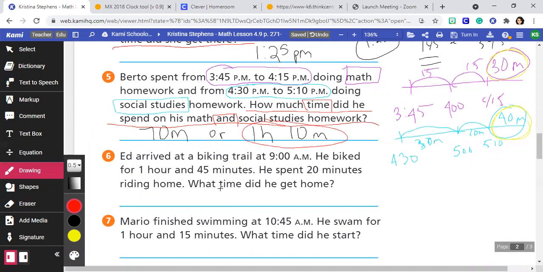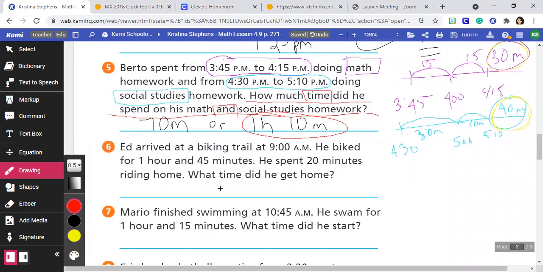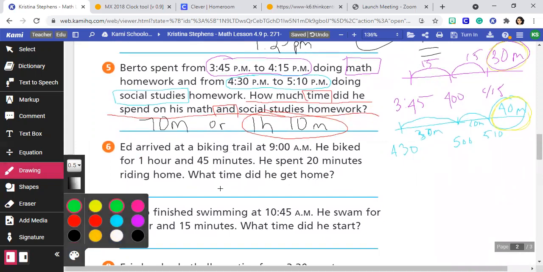All right. So he arrived at the biking trail at 9 a.m. He biked for an elapsed time of 1 hour and 45 minutes. Then he spent 20 minutes riding home.